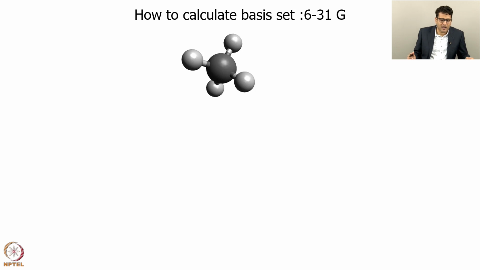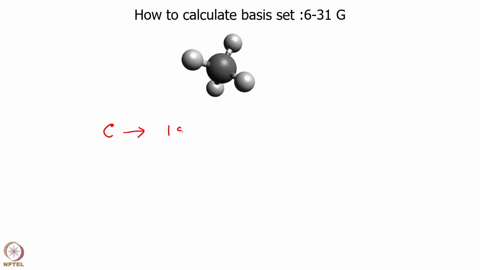Now, let us take the example of methane. So, first it has a carbon, and so basically it has 1s. 631G is a double zeta basis set. So, the valence orbital I will now expand into two sets of Slater type orbitals, 2s, 2s dash and 2p, 2p dash.